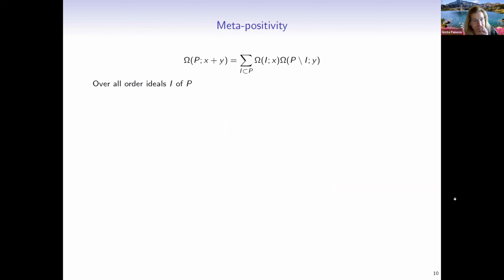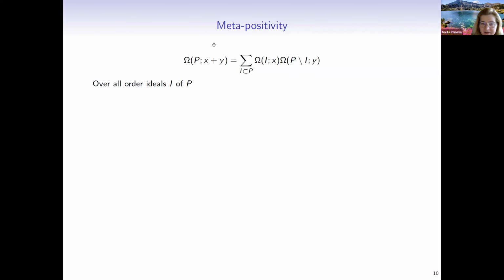Okay, but it turns out there is something else we can do. So if we take a poset, doesn't matter what the poset is, and evaluate the order polynomial at x plus y, so you can think of x and y as positive integers.